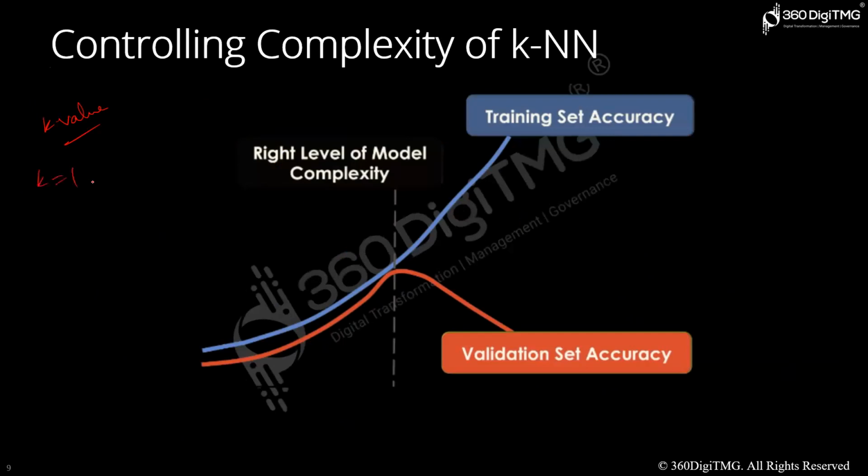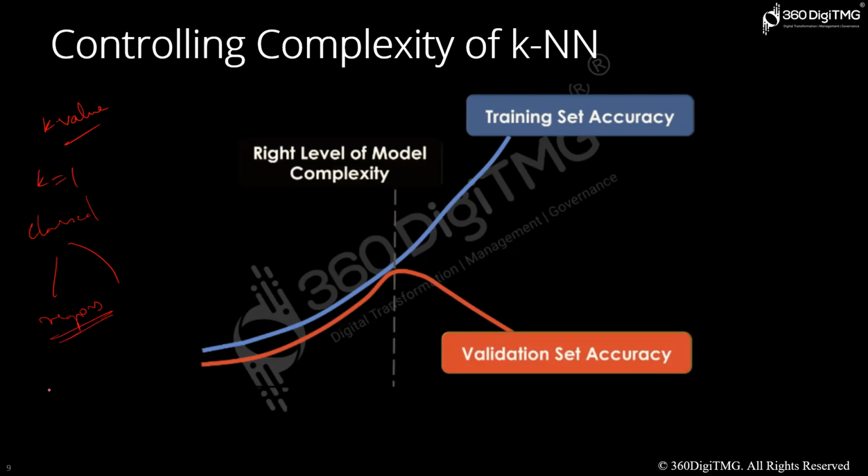If k is equal to 1, the classes are divided into regions and the query record belongs to a class according to the region it lies in. Here classes are divided into regions, and the query record belongs to a class according to the region it lies in.